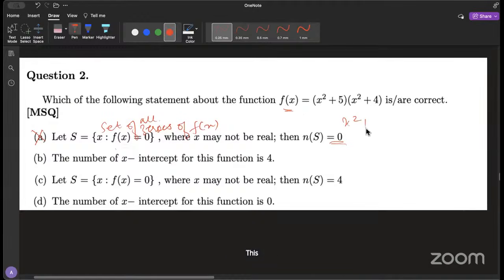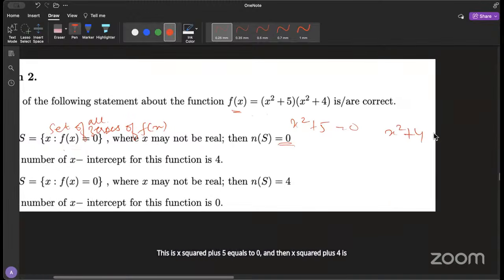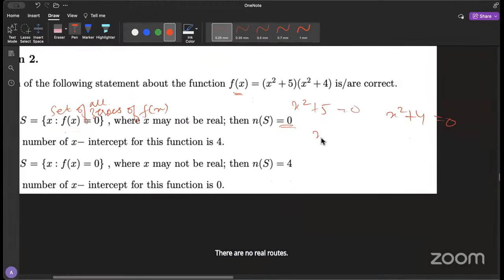This is x squared plus 5 equals 0, and then x squared plus 4 equals 0. There are no real roots. x equals plus or minus root 5 iota, and here also you'll get plus or minus 2 iota.